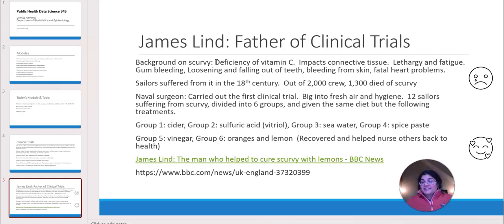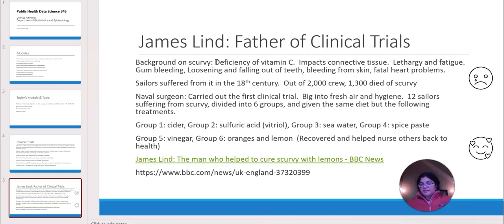And we would shudder at the idea of ingesting it these days, but back then, people thought, hey, maybe this will help scurvy. Group 3 got seawater. Group 4 got spice paste. Group 5 got vinegar. Group 6 got 2 small oranges and some lemon.